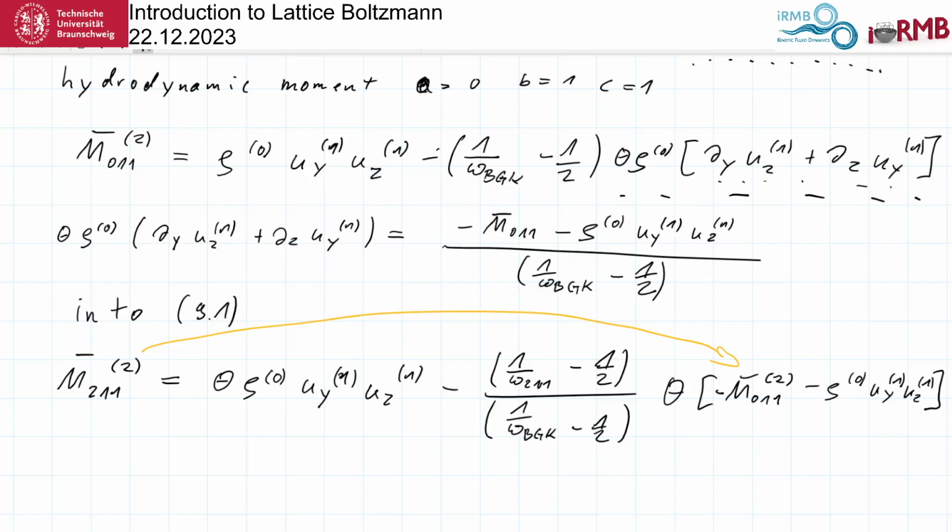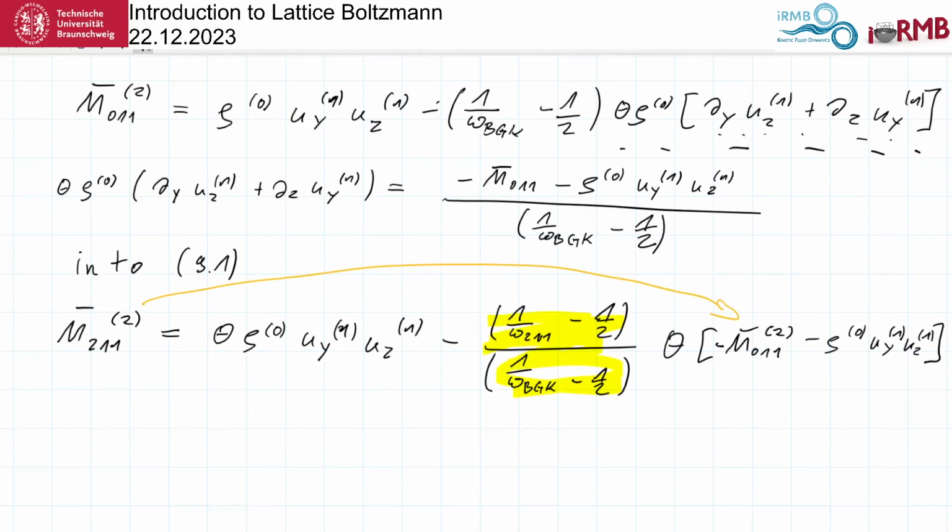Okay, and the important thing we want to look at is this ratio between the different relaxation rates. So first of all, pretty trivially, in BGK, all the relaxation rates are the same, this is the essence of BGK.